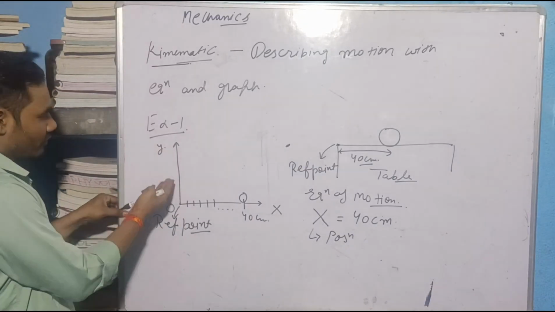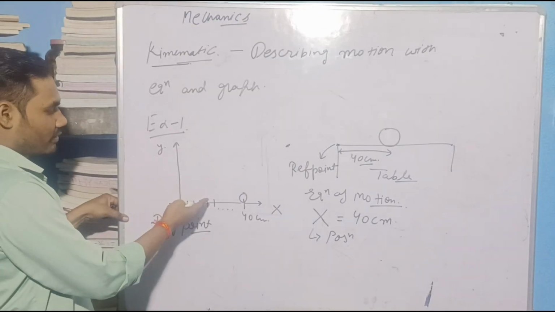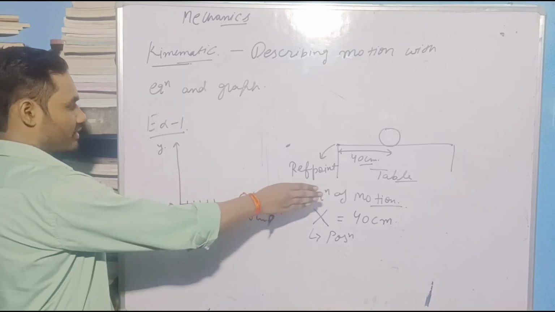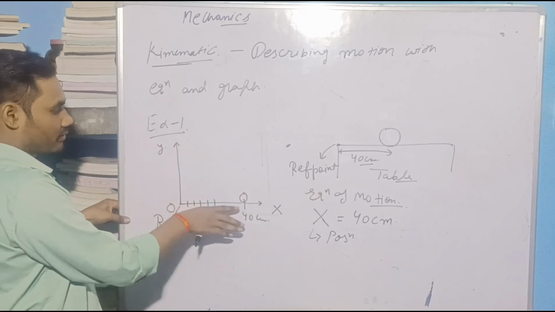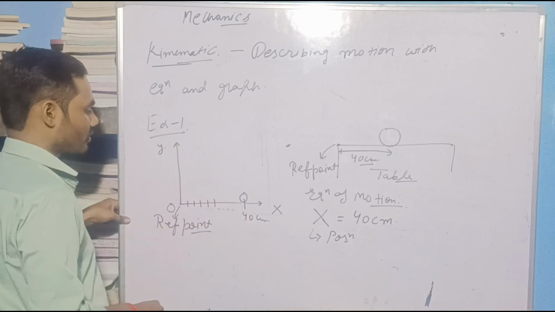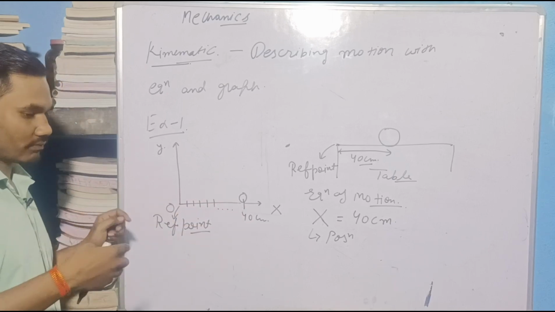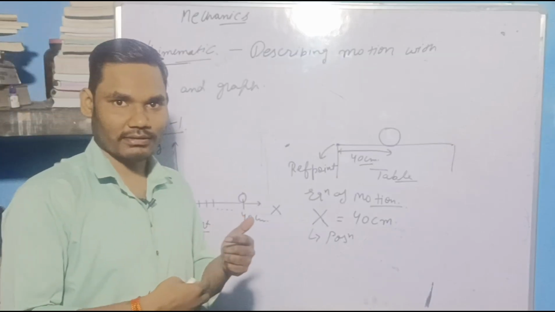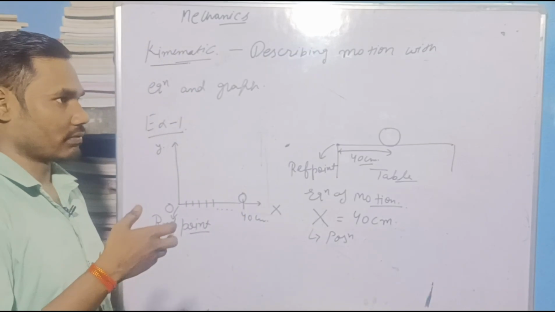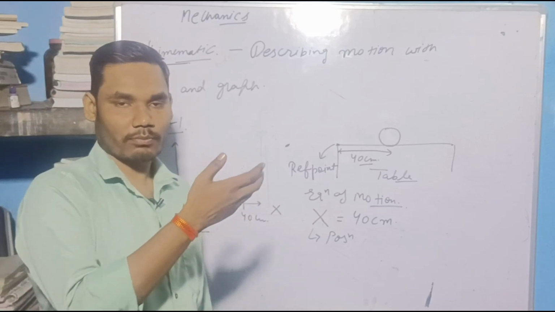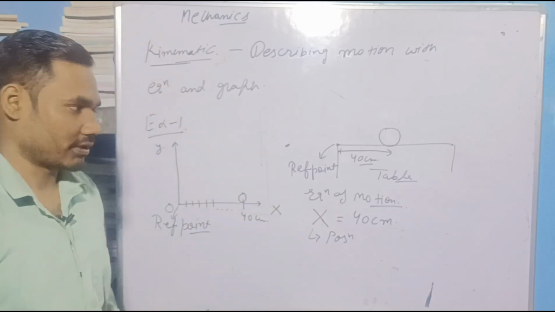So now this is your xy axis. Position in this direction, position in this direction. So your ball is at this point. We can also draw another coordinate axis, another graph where position and time axes are plotted.